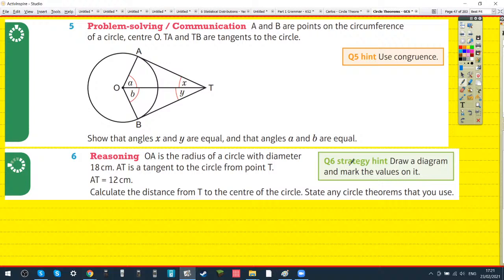Calculate the distance from T to the center of the circle. Gosh. So OA is the radius. It says AT is 12. OA is the radius. The diameter is 18. And so what would be the radius?